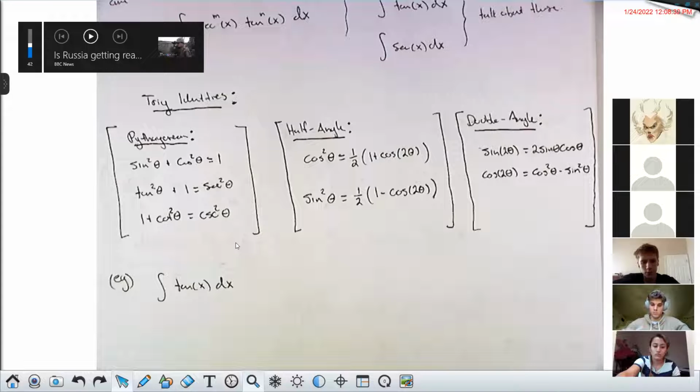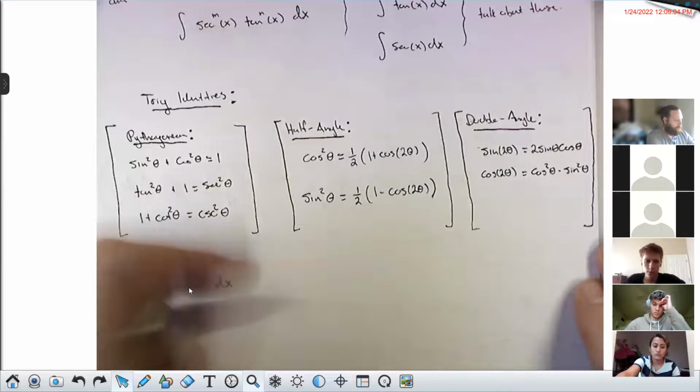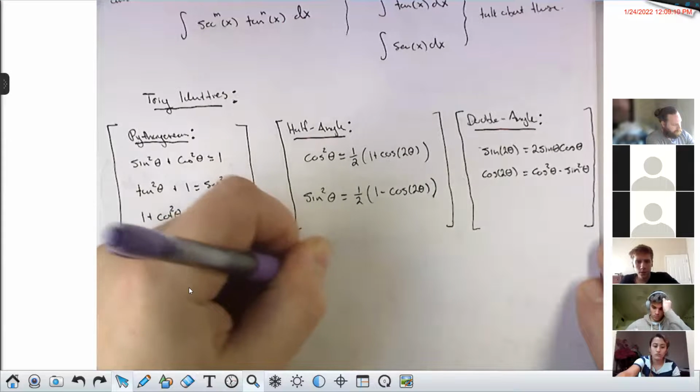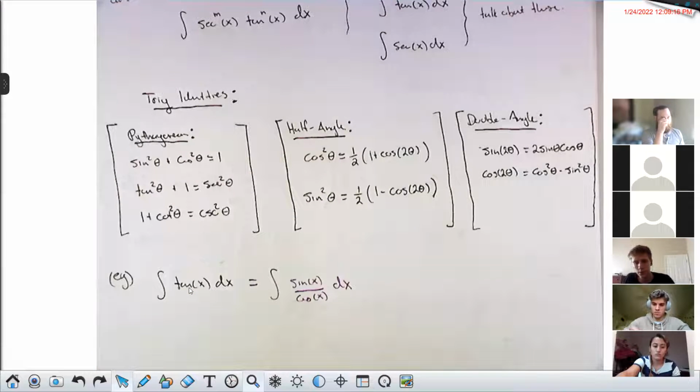Something they'd like to share, an idea? Nothing? Okay. We write it as sine over cosine. You integrate tangent by writing it as sine over cosine. Yeah, it came to me in a DM there.